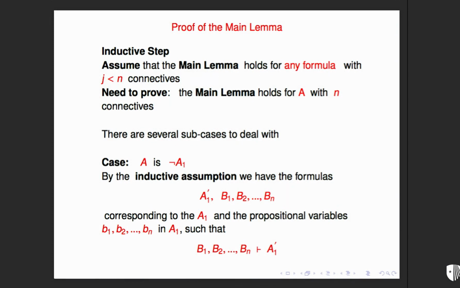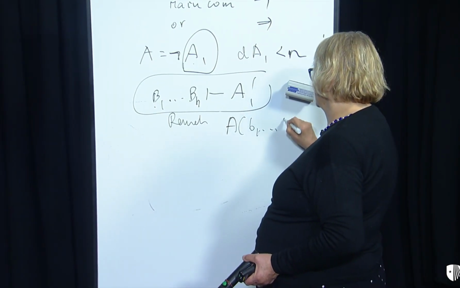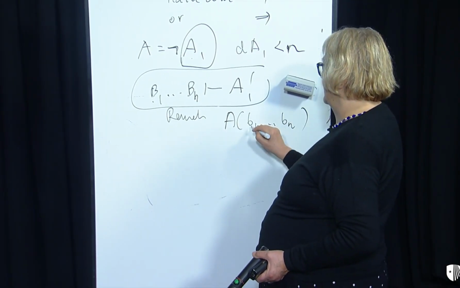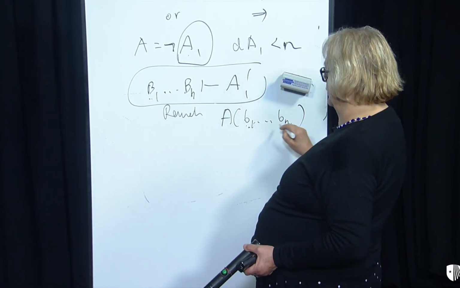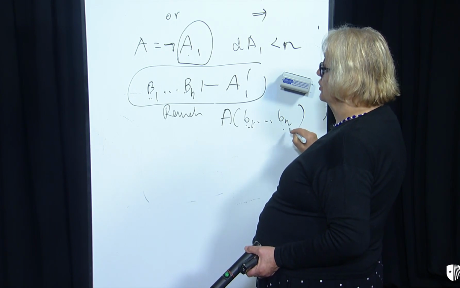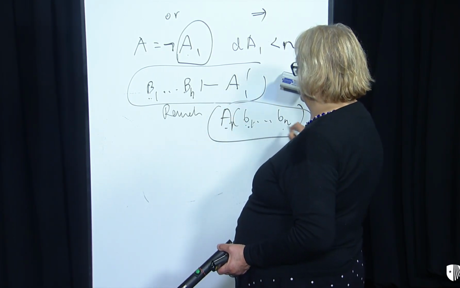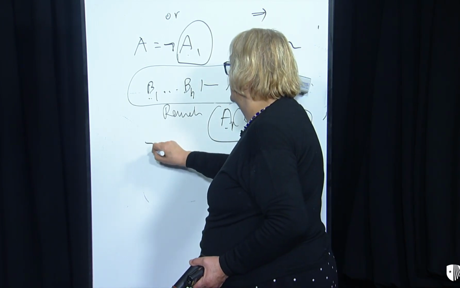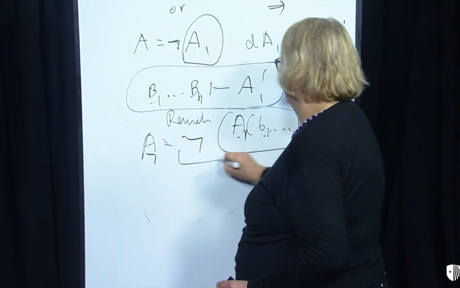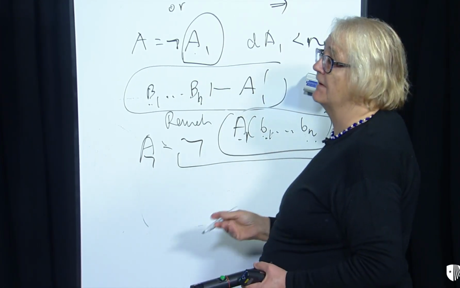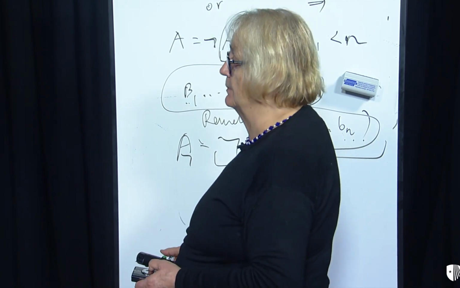because remember, we assume that A has all variables B1, ..., Bn, and these correspond to these variables. So if A1 has variables b1, ..., bn, then negation of A, which equals negation of this, has the same variables, so the variables are exactly the same. This is important.